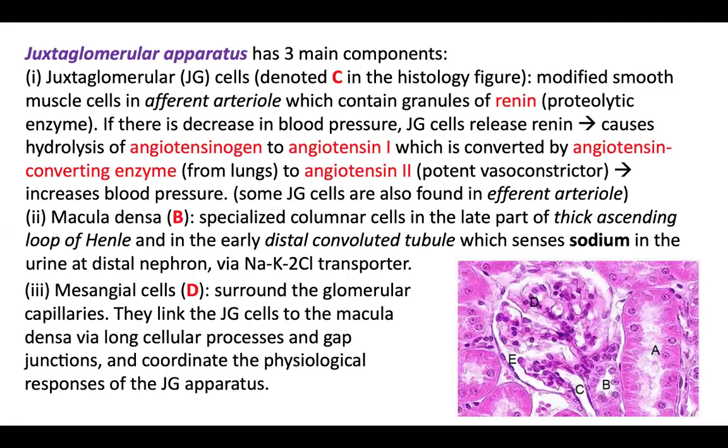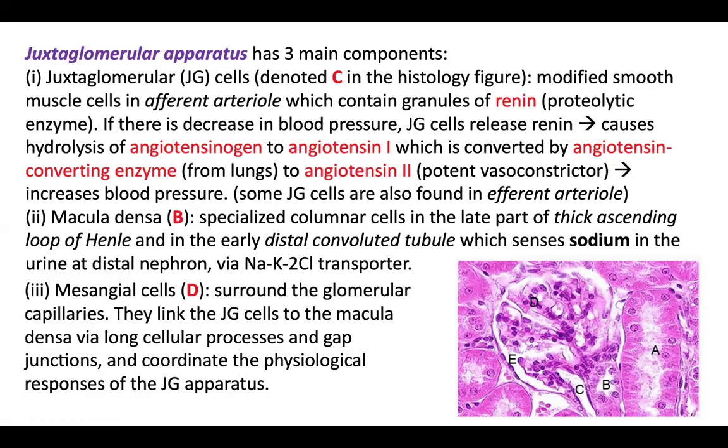So let's delve more into the juxtaglomerular or JG apparatus. This has 3 main components. That's the juxtaglomerular cells, and in the figure down here in the corner, these are the cells lining the afferent arteriole here, denoted as part C in the caption. And these JG cells contain renin, which is a proteolytic enzyme.